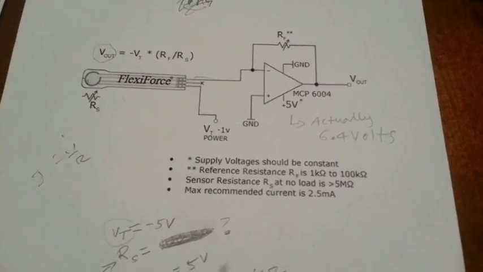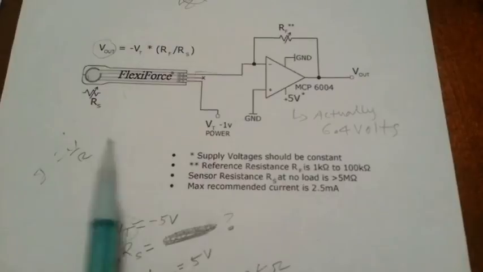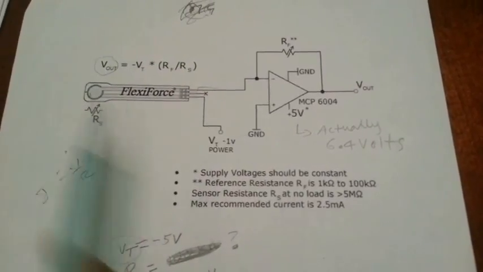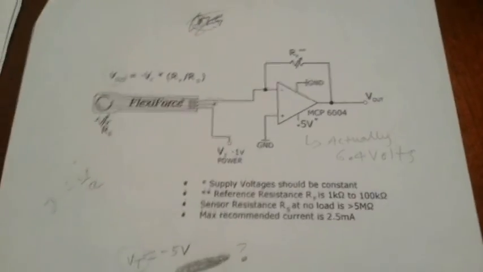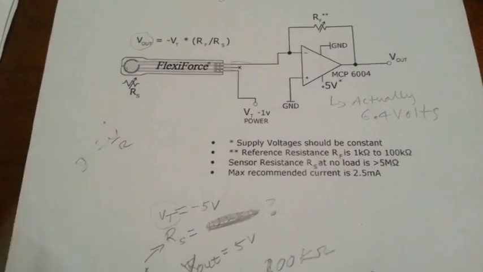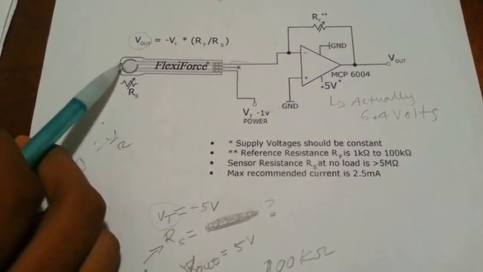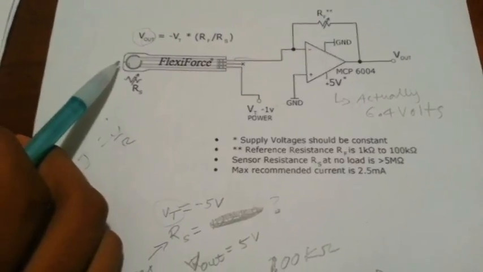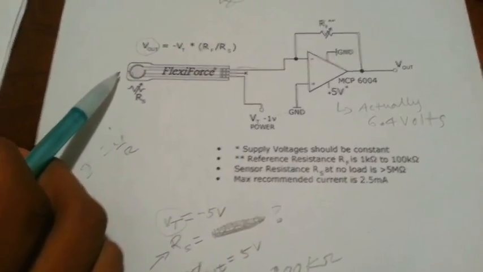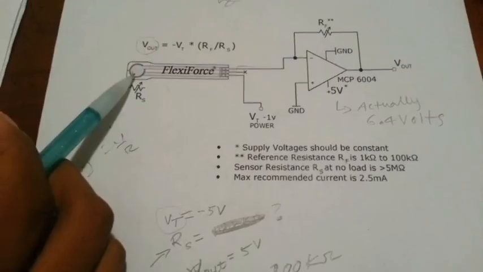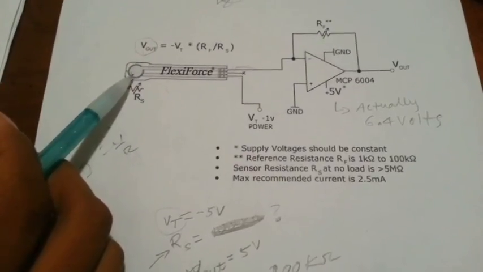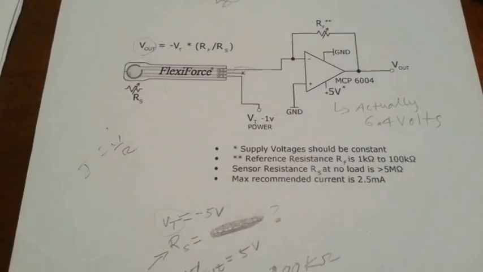So let's take a scenario, and let's say we wanted to have an output of 5 volts on the Vout. We're going to use this formula to figure out what RS would need to be, or in other words, how much force we need to apply in order to get a 5 volt output.